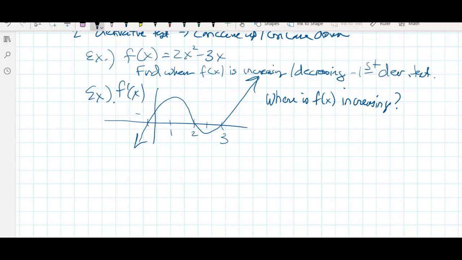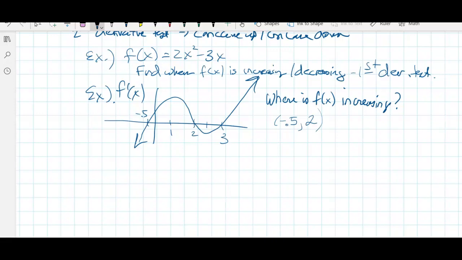Let's make that negative 0.5. Yes, your graph is increasing between negative 0.5 to, negative 0.5 to what, everybody? 2. I want everyone to get that. Where is my derivative positive? Between negative 0.5 and 2.